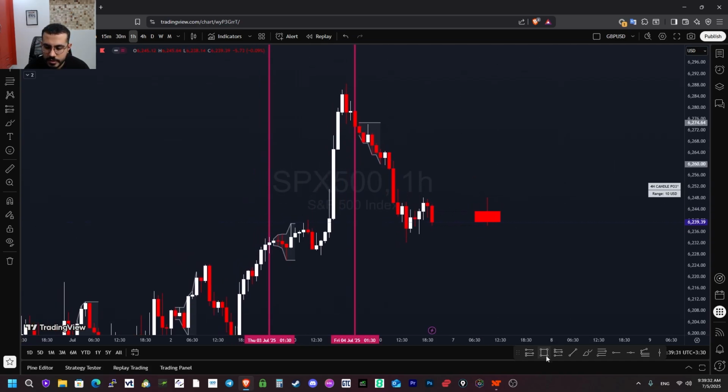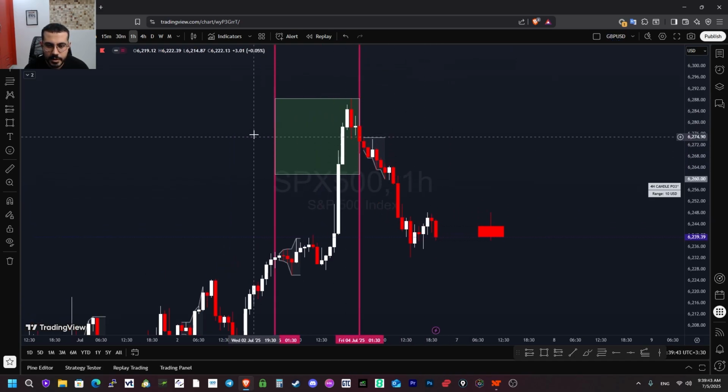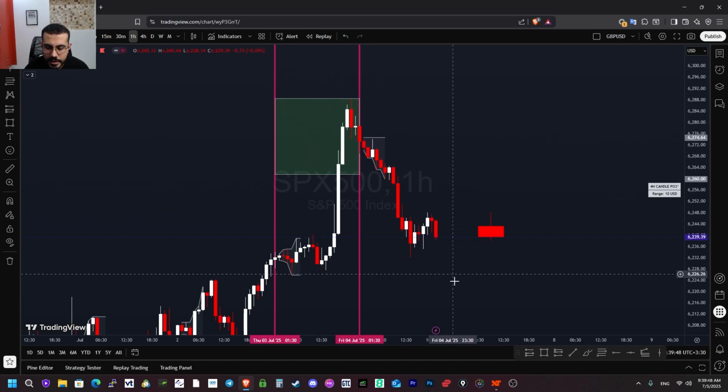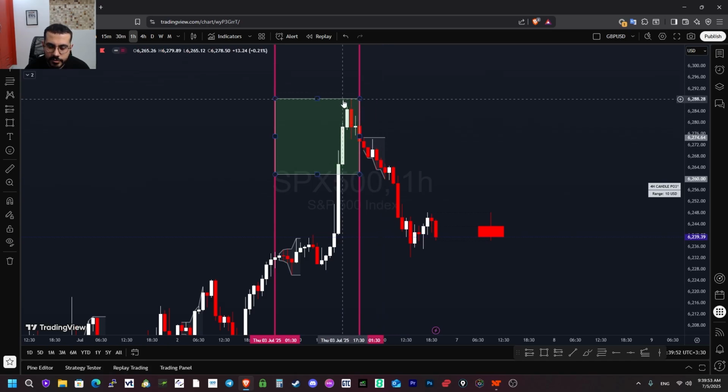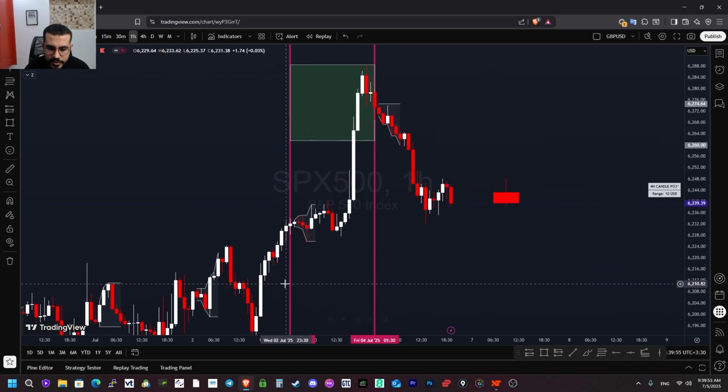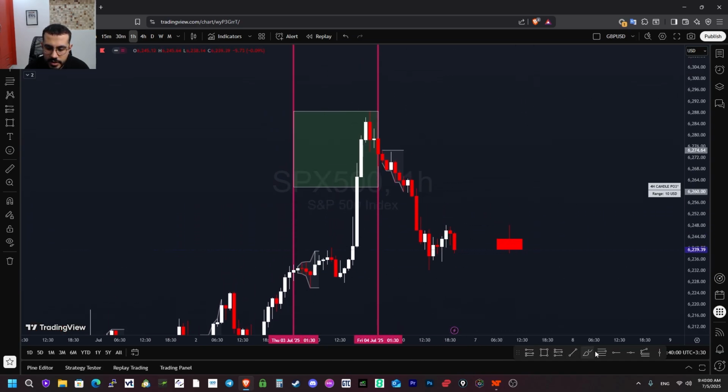Okay, so let's draw a box first from here to here. Do you see this area, the green area here? 68% of the Thursday volume from the beginning to the end was executed in this exact box, the green area.